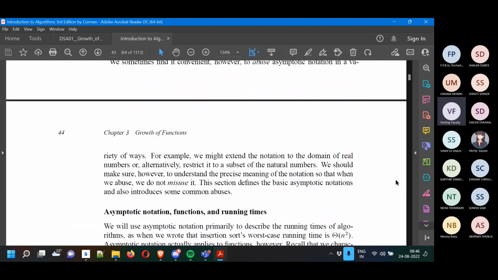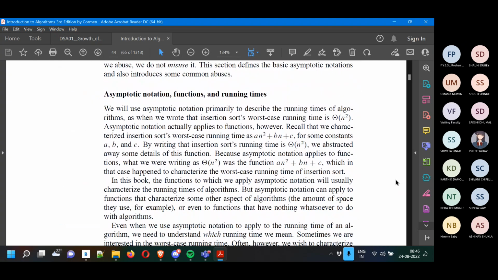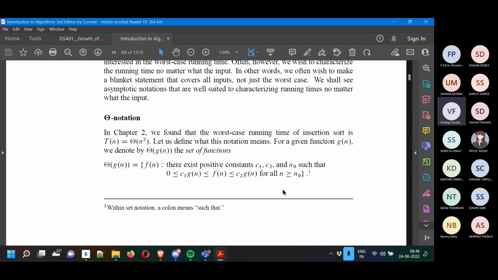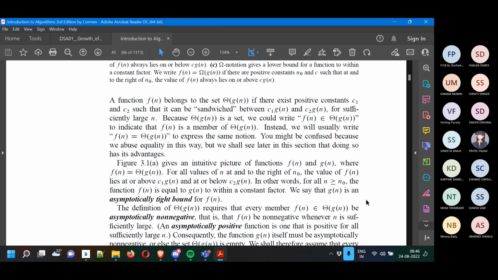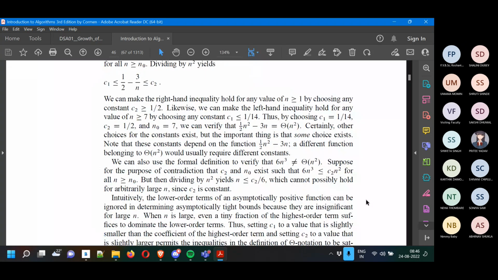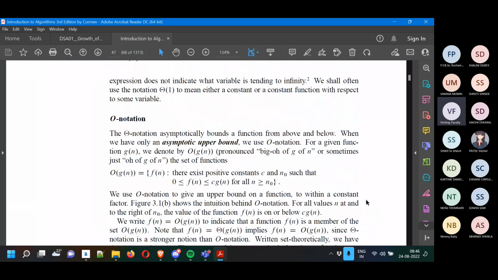Right, so this talks about asymptotic notation. They talk too much, they give lots and lots of examples, but this is basically what we're looking at. There is a theta notation, which we'll do next time. We have seen big O, little o. They are thinking of it as the class of all functions which are big O of g(n), which is essentially the same thing because multiple functions can be big O of the same function at the same time. They are collecting all those functions into a single set.